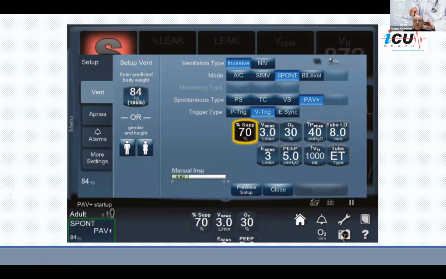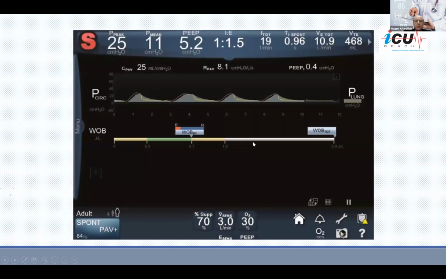Once the flow gets to 3 liters per minute, at that time the pressure is released. And this is the PEEP, and this is just an alarm for the tidal volume. So what you see here is actually you're setting when you want to trigger the ventilator and when you cycle. And the pressure is adjusted by the machine, whatever it takes to take over 70% of the work of breathing.